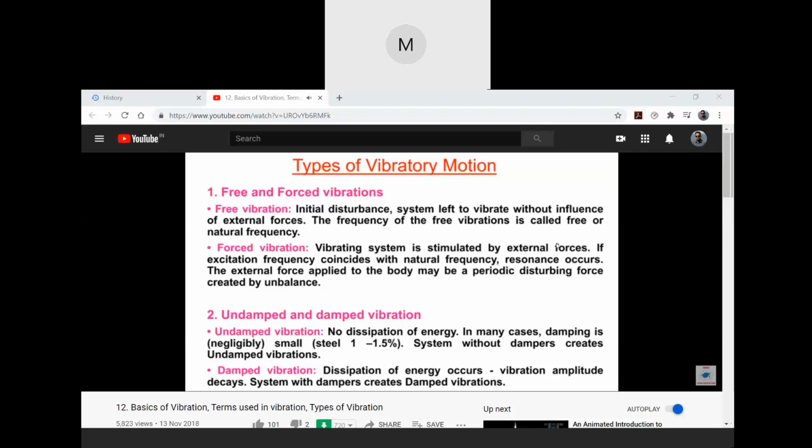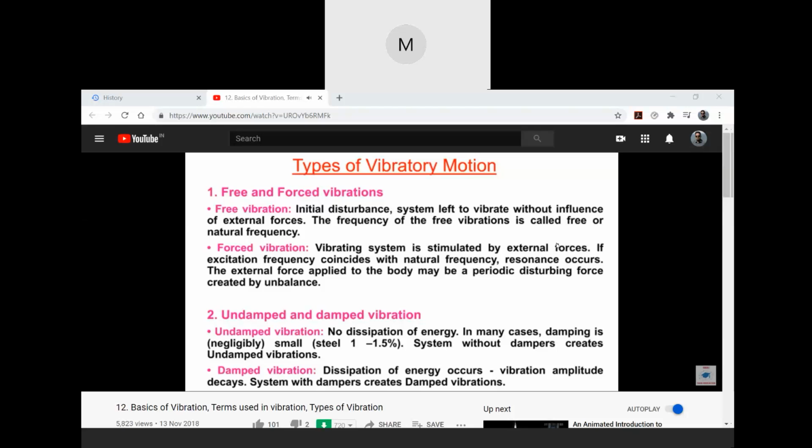That is, no resistance means no dissipation of energy. A system without dampers creates undamped vibrations. In many cases, the damping is negligible or very small, still it is 1 to 1.5% only.